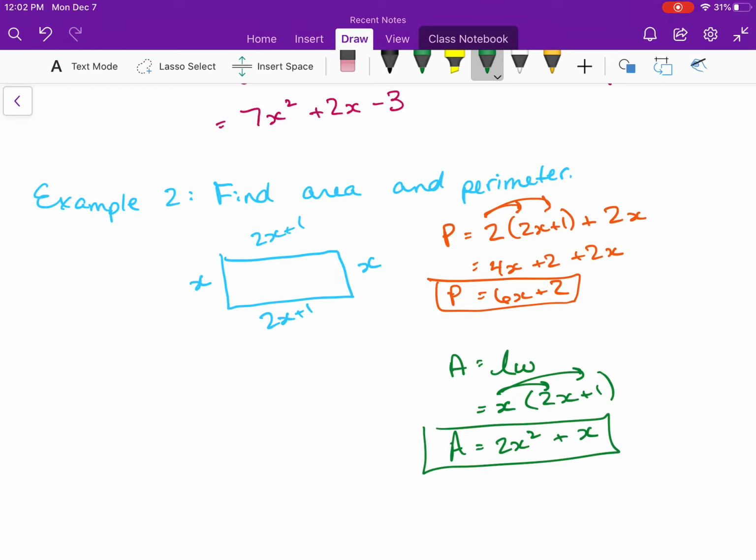And it makes sense that the area ends up with an x squared in it, because when you're doing area with numbers, you would talk about your units being in like whatever your unit is squared, whereas your perimeter is just in that unit. Okay, so you're going to do some practice now, and make sure you check your answers at the bottom, but show all of your work, because that's what I'm interested in when I look at it on D2L.